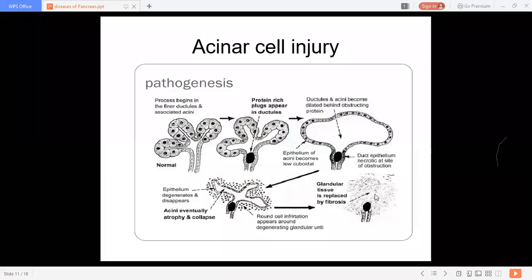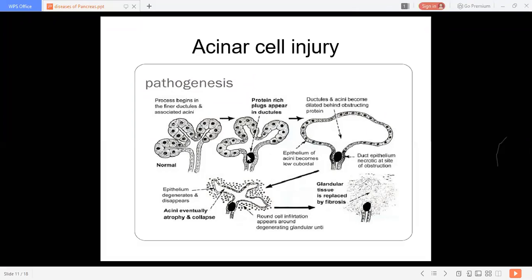Understood? Primary acinar cell injury may be due to viruses or drugs, which cause direct trauma to the pancreas by activation of enzymes, causing acinar cell injury. Another cause of acinar cell injury is impaction, due to impaction of gallstones or any inflammatory material.